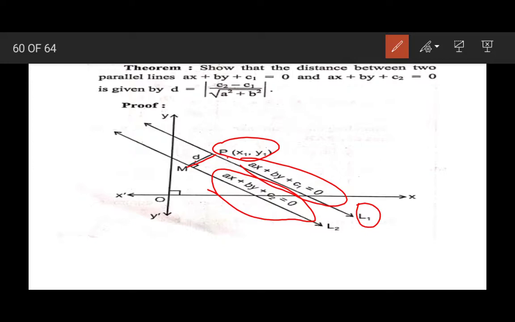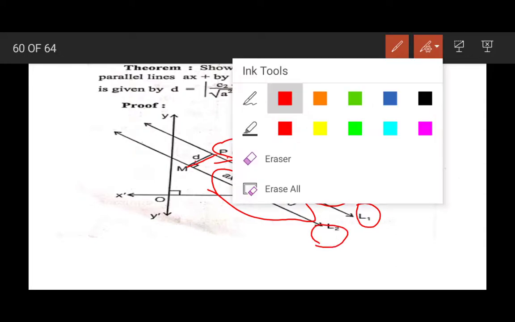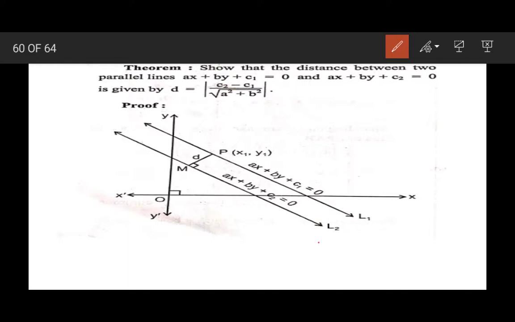Now class, see this point P (x1, y1). I am taking line L2, and taking this point P. So this distance D, this point P is outside the line L2, then this D is nothing but the distance of a point from the line.